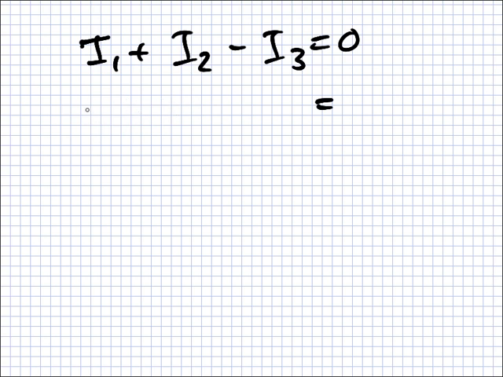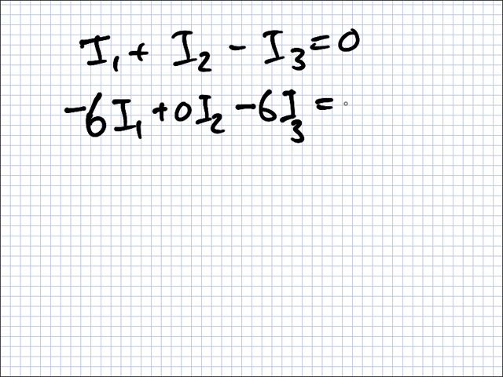Two, so it's minus 4 and minus 2, minus 6I1. Next, how many I2s? No I2s. So plus 0 I2s, minus 6 I3s, equals minus 7 on the other side.